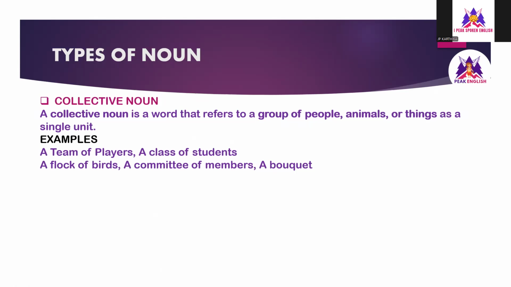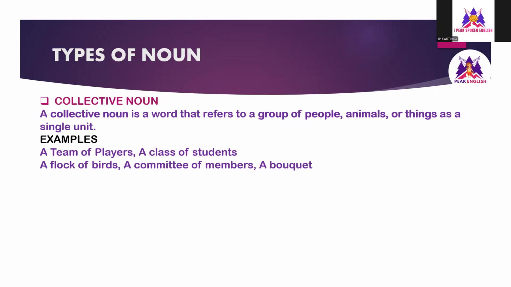I haven't given it as an example, but still jury of judges, in the sense more than one judge. In some cases, only one judge will not give the judgment. Maybe three judges give the judgment. So jury is the collective noun.